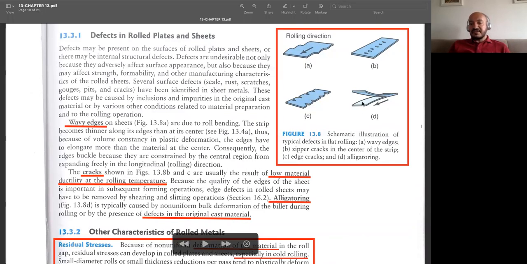Or we may have such a weird case called alligatoring, and this happens due to defects at the center of your workpiece, or if you have some different materials or high porosity inside your workpiece. This happens not all the time, but rarely, and it's mainly due to problems in your cast material.